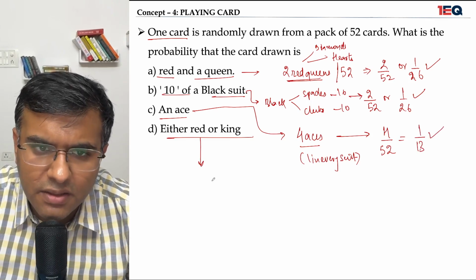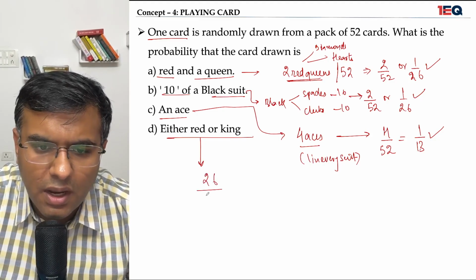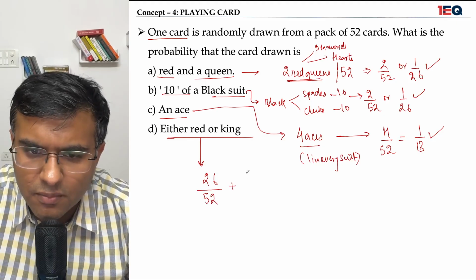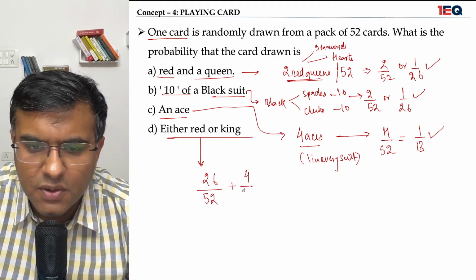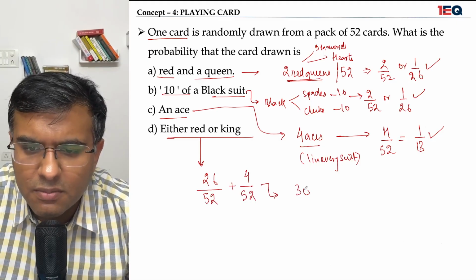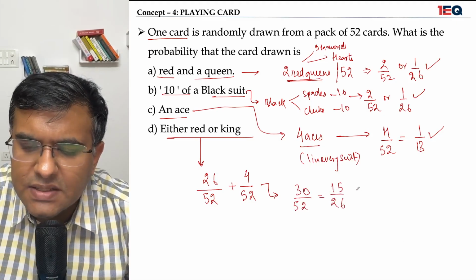If you're talking about red, there are 26 cards which are red, and 52 is the total number. Add it with that of a king. There are four kings out of the 52 cards. After adding the probabilities, we get 30 upon 52, and the answer is 15 upon 26.